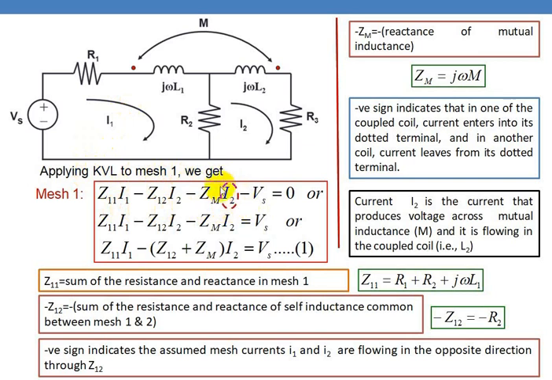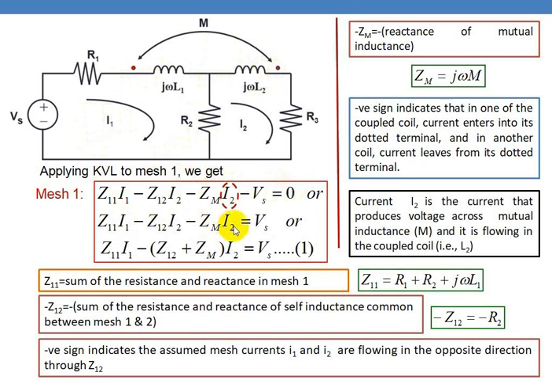Here, while we are writing for this mesh, this coil is coupled to this coil. The current in the coupled coil, that is I2, causes a voltage drop due to mutual inductance in this first mesh. So you have to write that here.